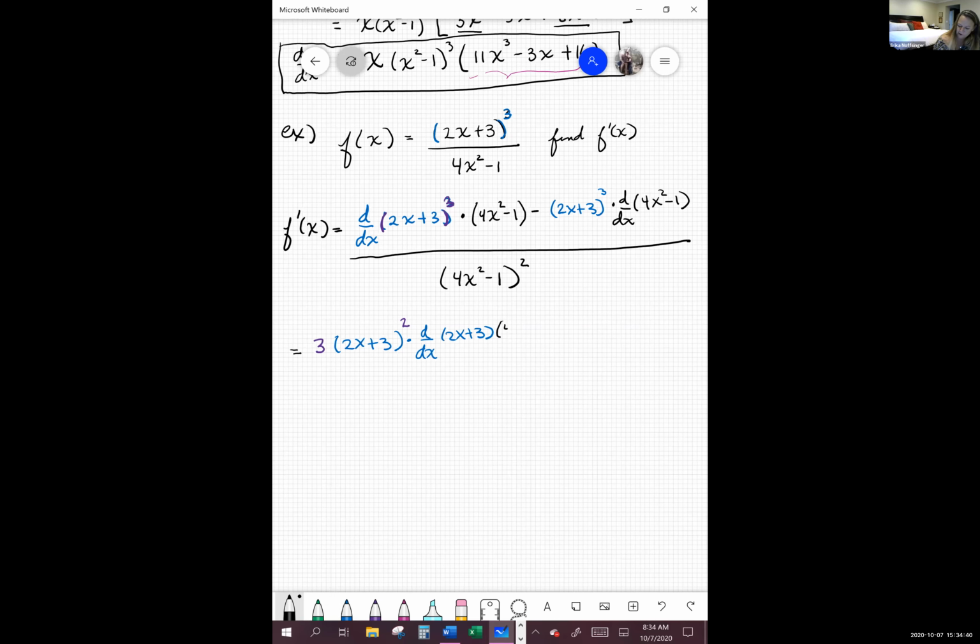Times the denominator, 4x squared minus 1, minus that numerator, which was the 2x plus 3 quantity cubed, and the derivative of 4x squared minus 1. So general power rule, bring down the 2. 2 times 4 is 8. So this is just 8x. Derivative of constant is 0. All over this 4x squared minus 1 quantity squared.